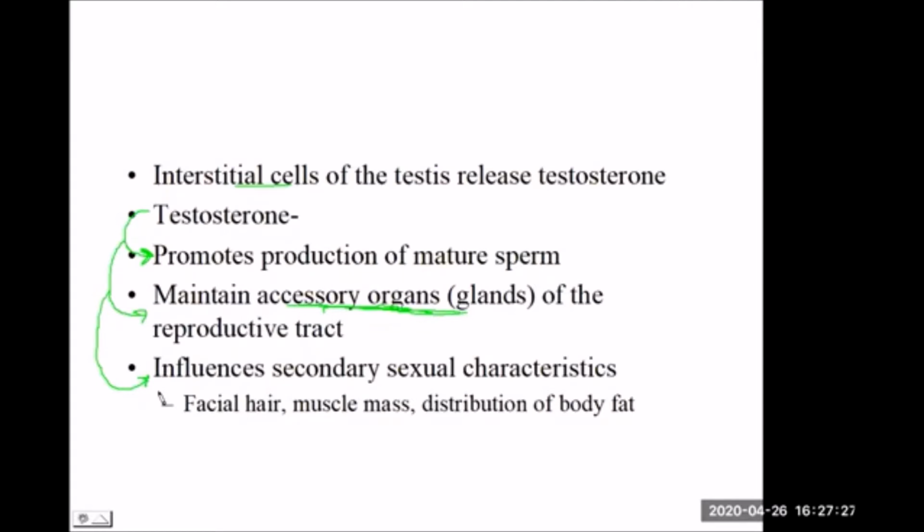So we want to think about the bone growth, the bone lengthening, density of bone, muscle mass, body fat distribution, hair growth, the thyroid cartilage growth, many examples of how testosterone affects what's known as secondary sexual characteristics. These would be adult masculine traits. So again, hormones in this case influencing multiple organ systems.